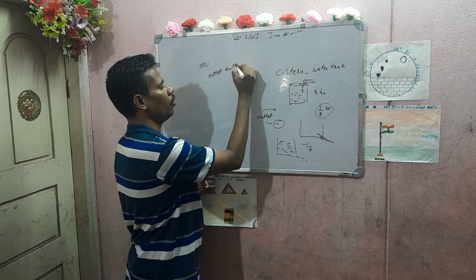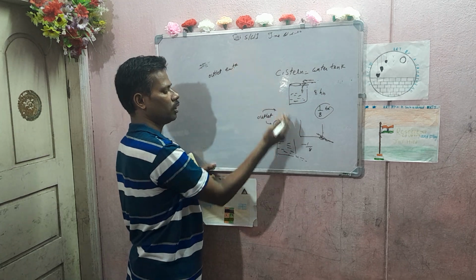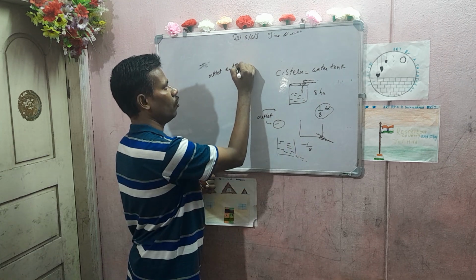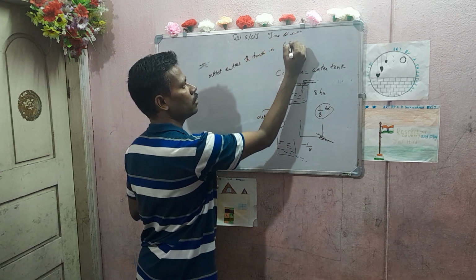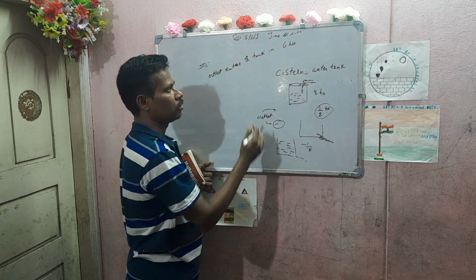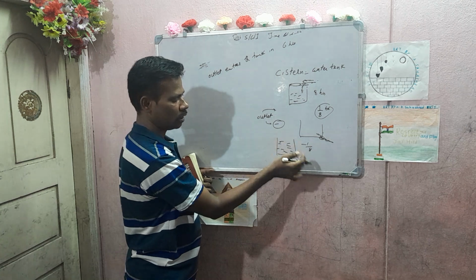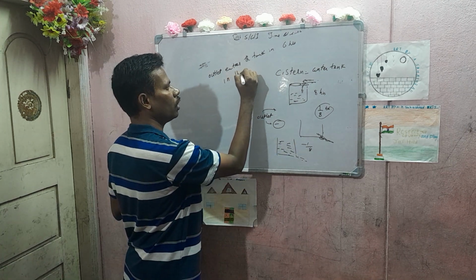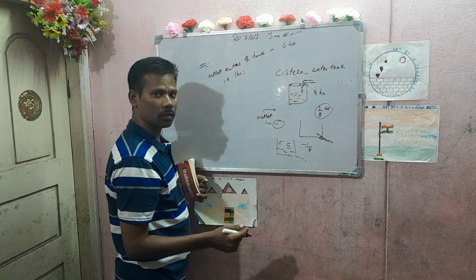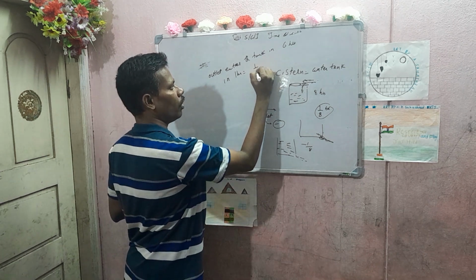Outlet empties means nothing is left. If the outlet empties the tank in 6 hours, so in 6 hours the tank will be emptied. So in 1 hour, the part of the tank emptied is 1/6 part.